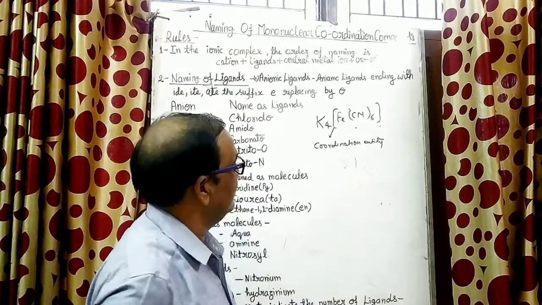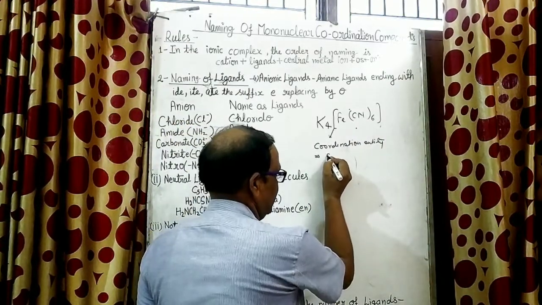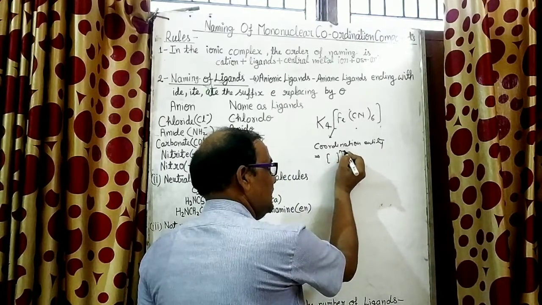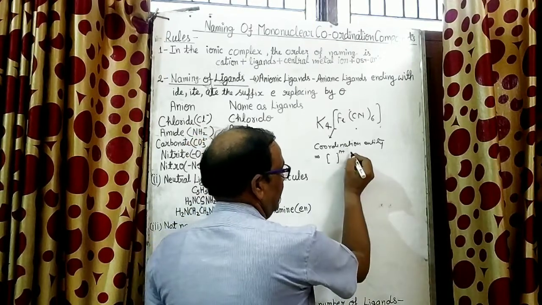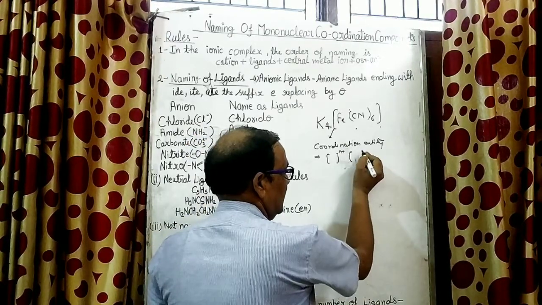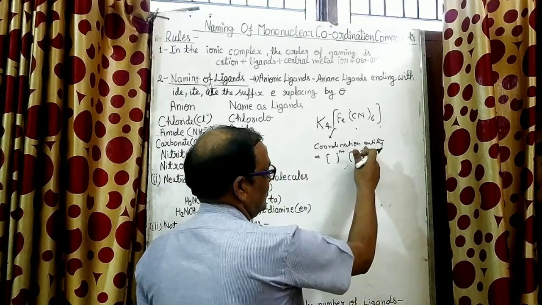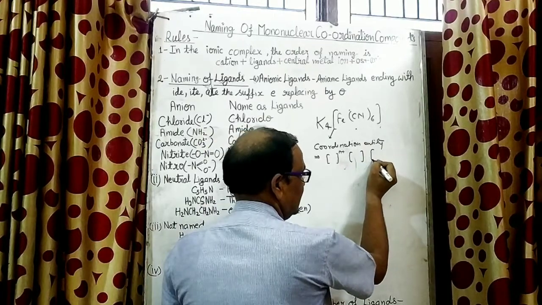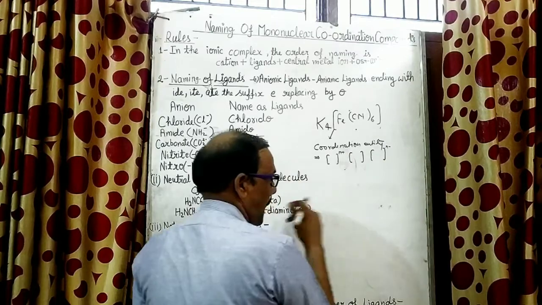And there are three different types of coordination entities. First one is a positively charged coordination entity. Next is a neutral coordination entity. There is no charge on the coordination sphere or coordination entity. And third one is a negatively charged coordination sphere. Okay?